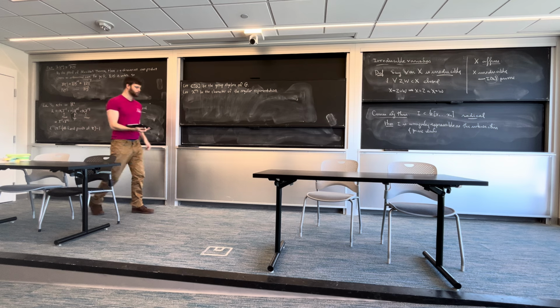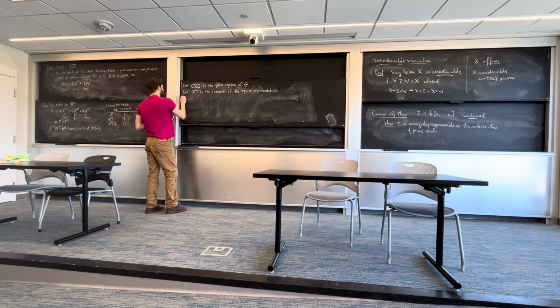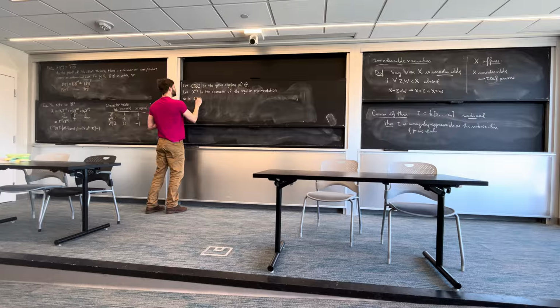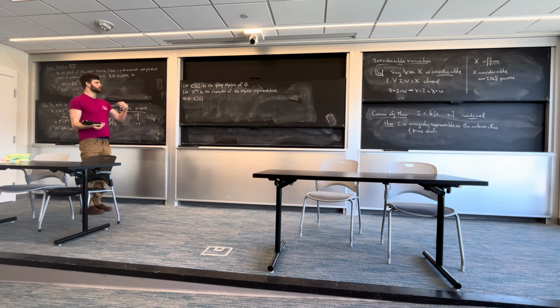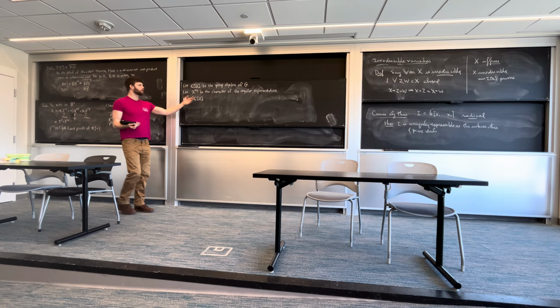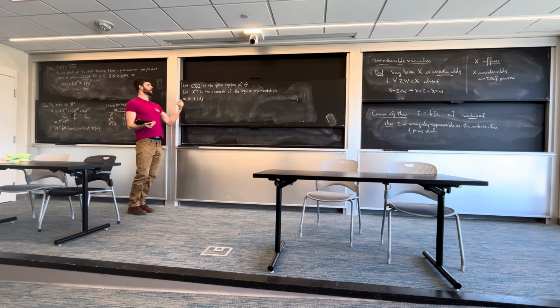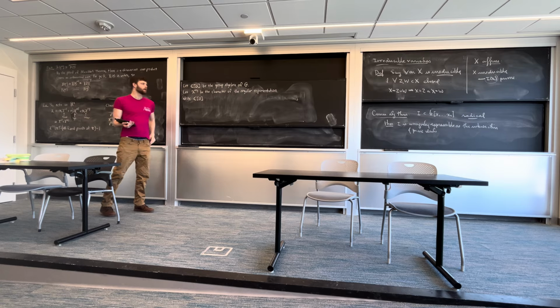Well, okay, so we know that we can write, so let's take C bracket G and view it as a module. So it's a representation of G because each element acts by just left multiplication.